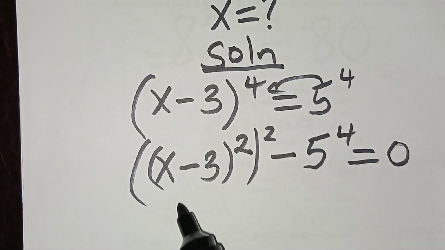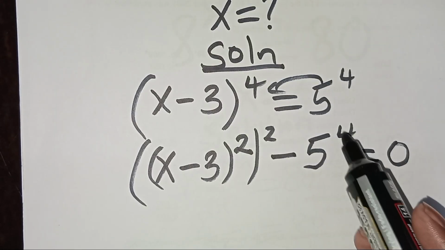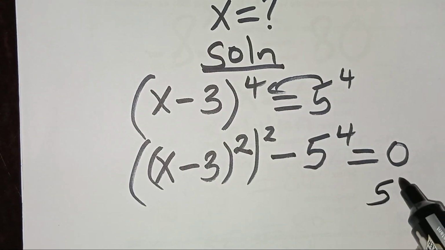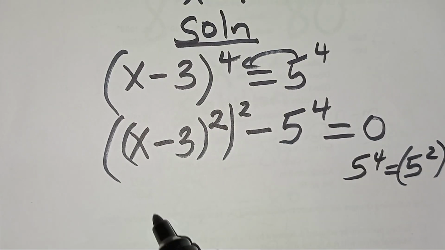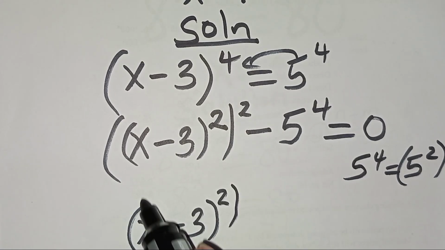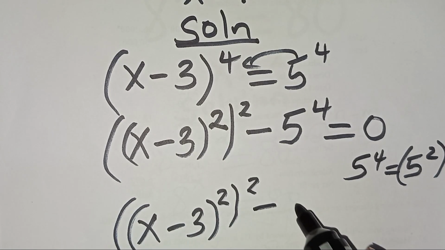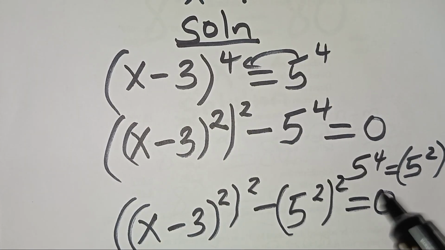Now as you can see, (x − 3)^4 − 5^4, of which you can express 5^4 as (5^2)^2. So here we'll have ((x − 3)^2)^2 − (5^2)^2, which is equal to 0.